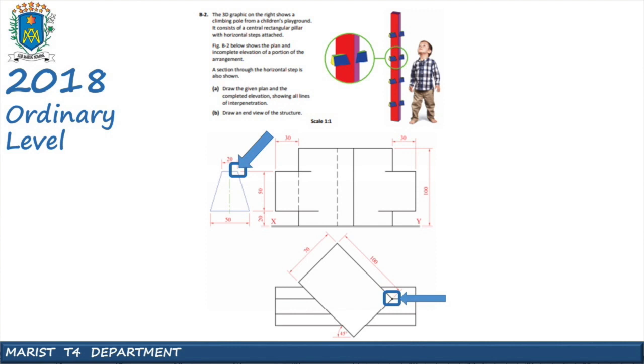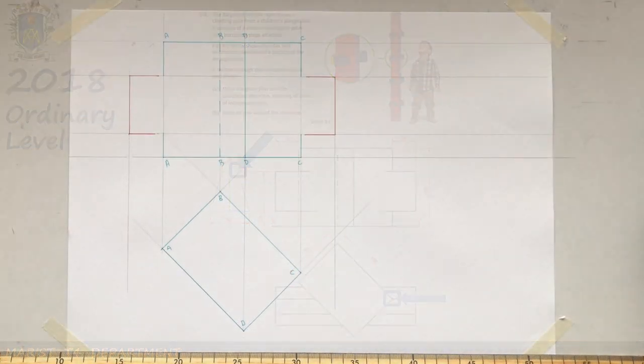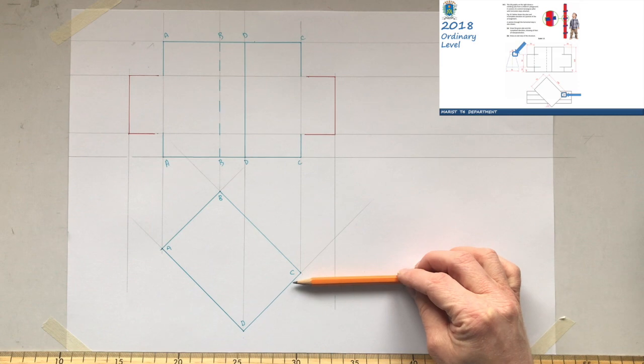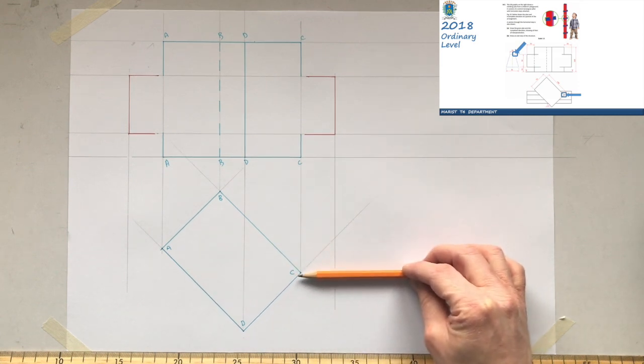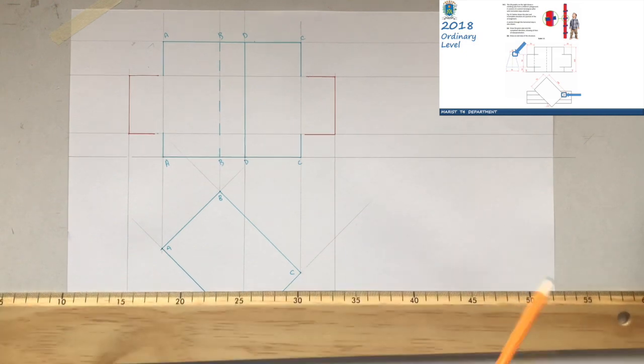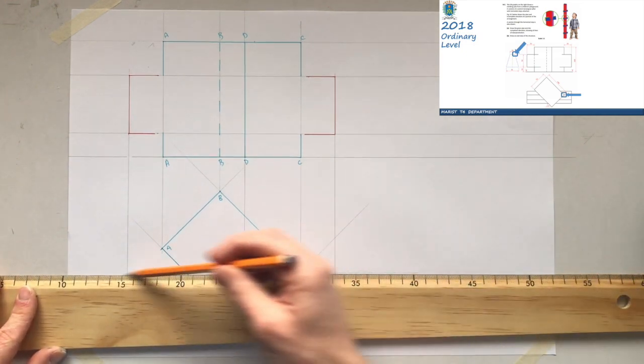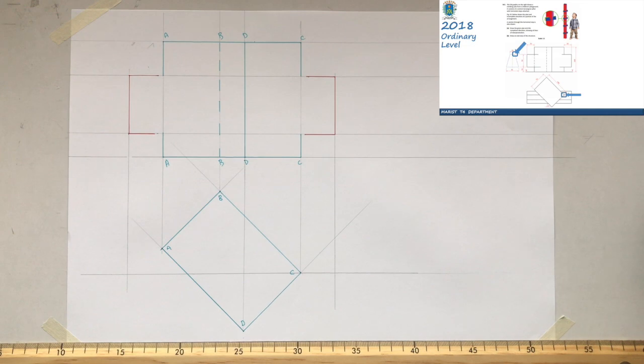Well, I know because from our end views, we know that we're going to be bringing the plan up at 45 degrees and it'll go straight up, which means the back edges in plan will appear as the right hand side edges in our end view. So with that knowledge, when we look at our question, we know that the top right hand corner of our end view is cutting through our corner C. So I know that this line coming through here, that comes through C, is a critical line.